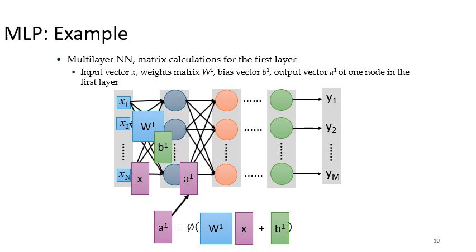We have the bias vector B1, which adds an extra term to the calculations. And we have the output vector, which is the result after applying the activation function on the sum of W1 multiplied by x plus bias B1. So this matrix magic is the first layer.